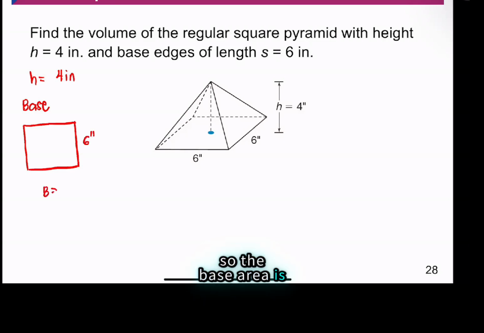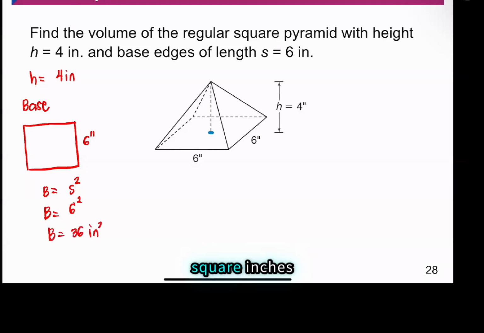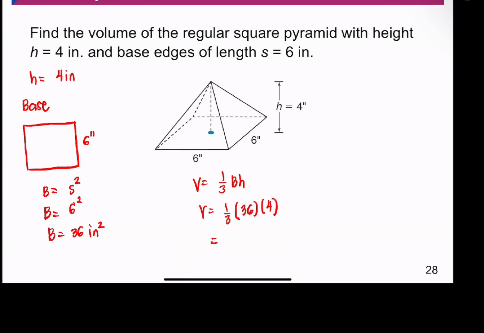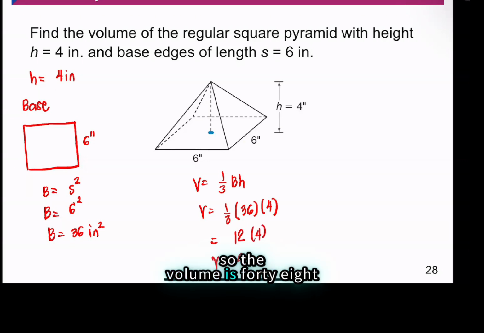The base area is given by s squared, so the base area is 6 squared equal to 36 square inches. Since the volume is given by 1/3 of base times height, that would be 1/3 of 36 times 4. So 36 over 3 is 12, times 4. So the volume is 48 cubic inches.